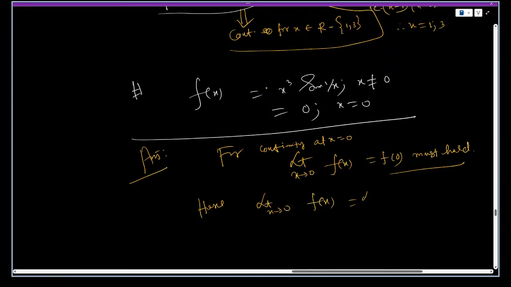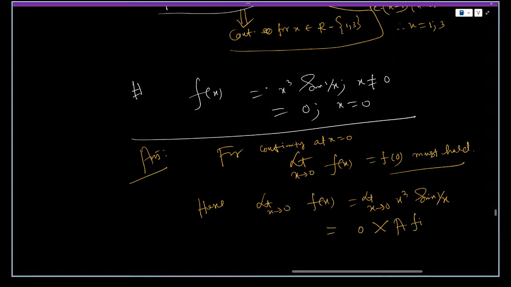Okay? Here f(x) is x cube sine 1 by x. Here if you put 0, sine 1 by 0, you cannot decide. But one thing is clear, sine 1 by 0 is a finite quantity. It is lying between -1 and +1. So you will be writing here by putting 0 into a finite quantity, the way you used to do in limit problems in class 11.